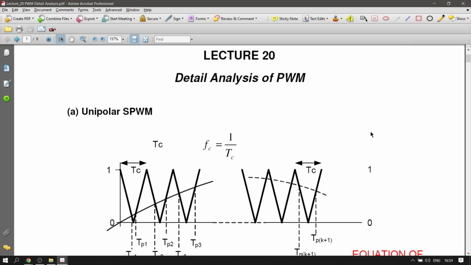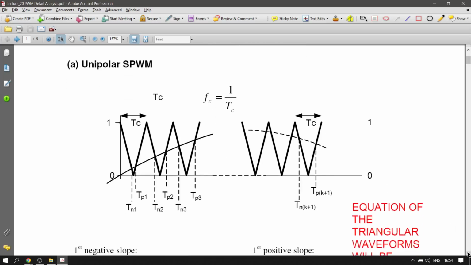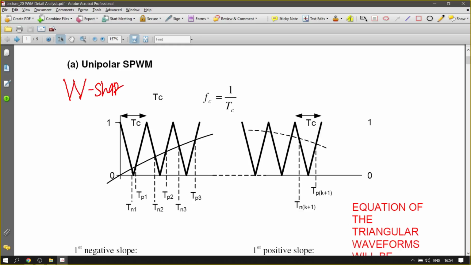And therefore, the first is unipolar SPWM. Okay, this is the unipolar PWM. So, we start with this is known as unipolar wave W shape. You kena tengok juga, dia ada W shape, nanti you kena pelbagaikan. This is known as W shape unipolar PWM. Okay, because there's also sometimes you could have this M shape.